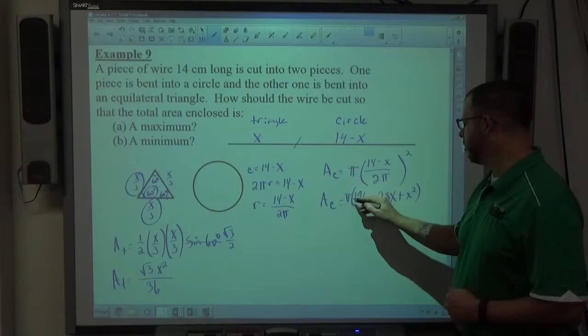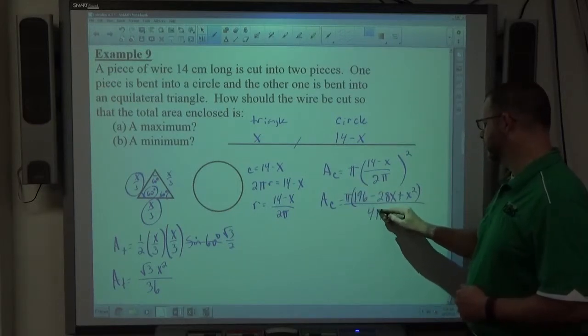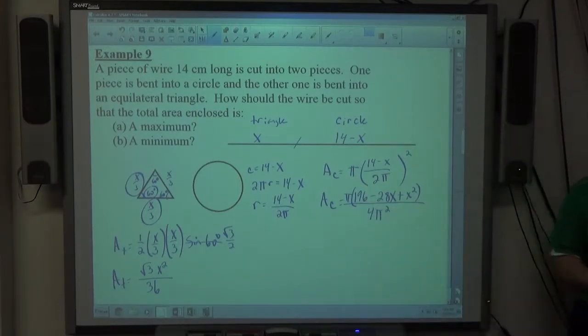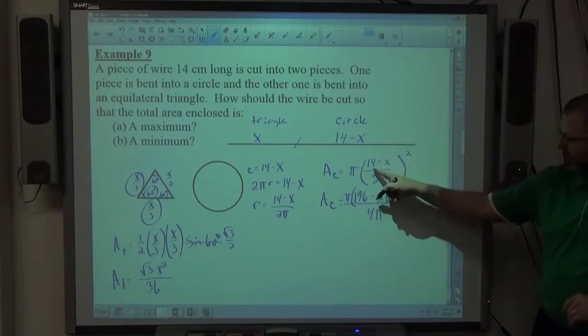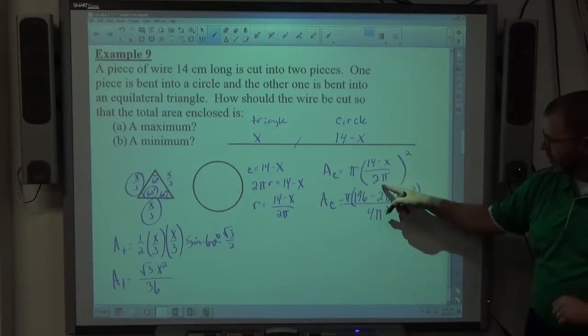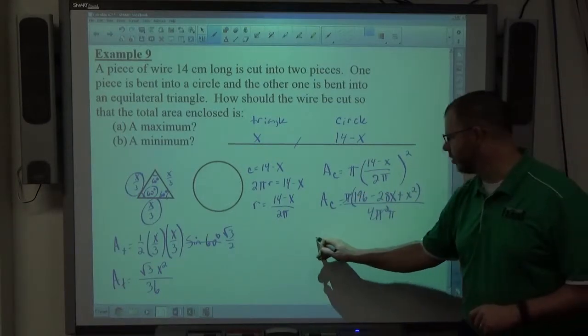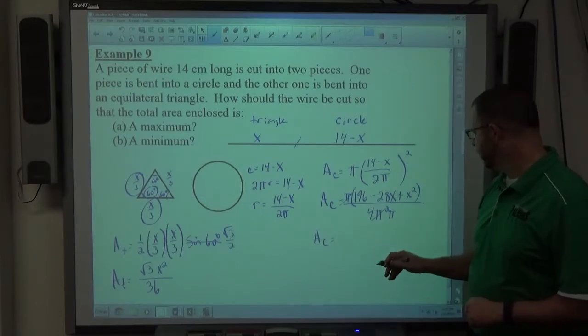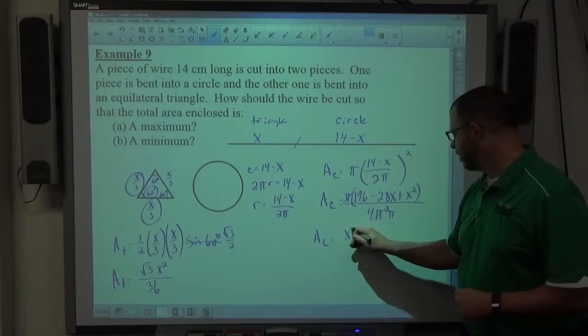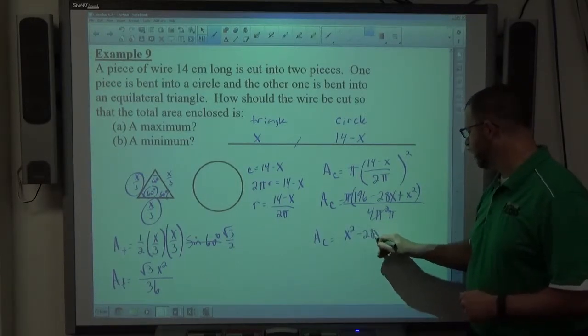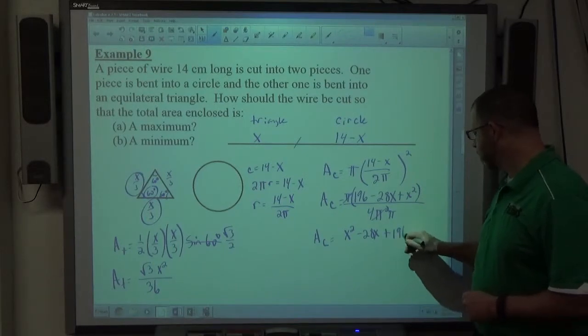That's being multiplied by pi, and that's over 4 pi squared. Everything in the parentheses being squared, 2 squared is 4, pi squared. This pi cancels that pi, so we end up with the circle's area being (x squared minus 28x plus 196) over 4 pi.